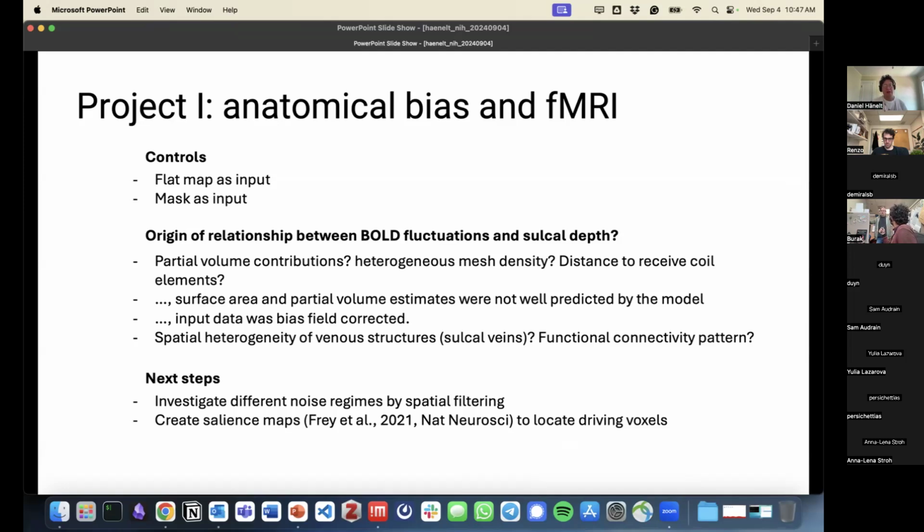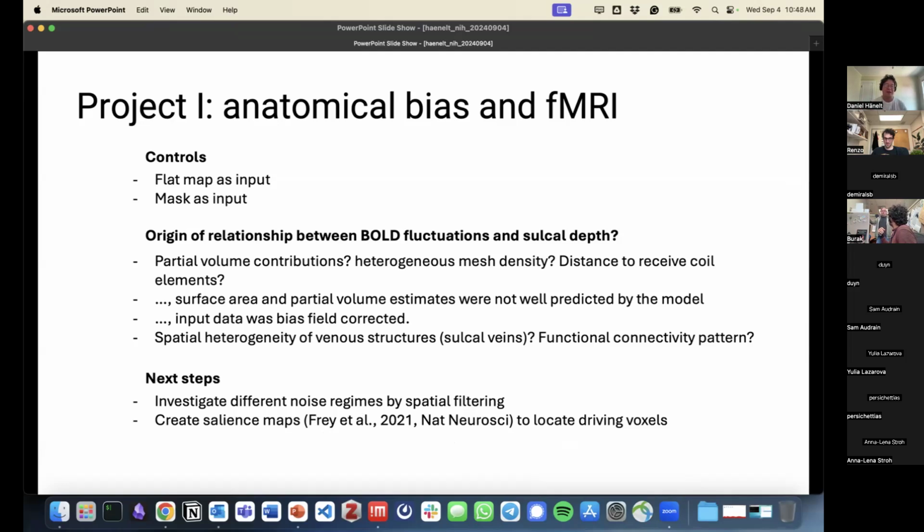And I will also try to create these so-called saliency maps, which were also used by this publication by Markus Frey, the DeepMRI paper, which is probably also discussed in the eye tracking workshop. I found it quite clever.